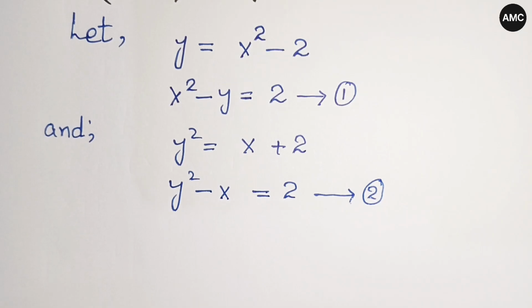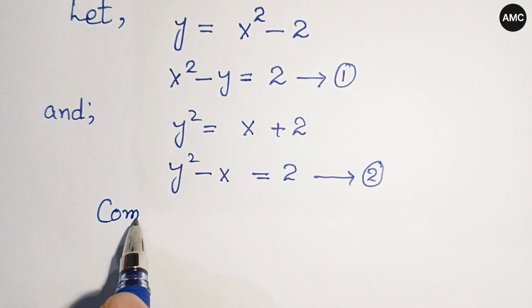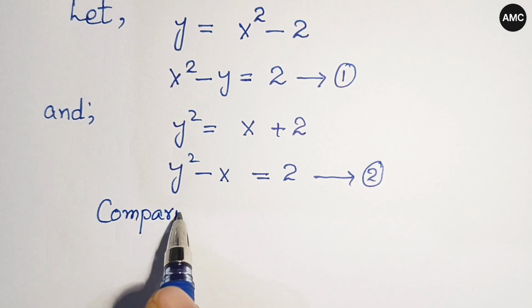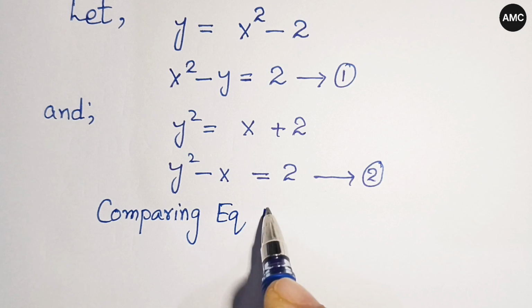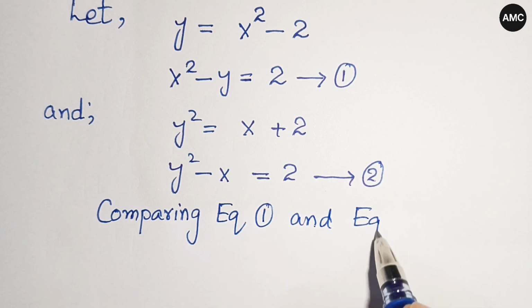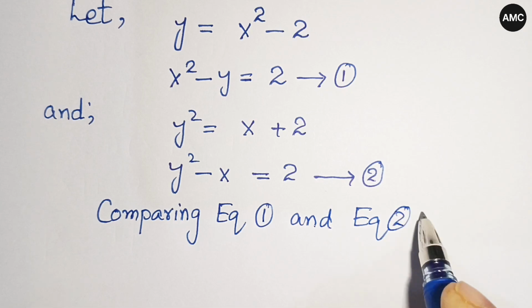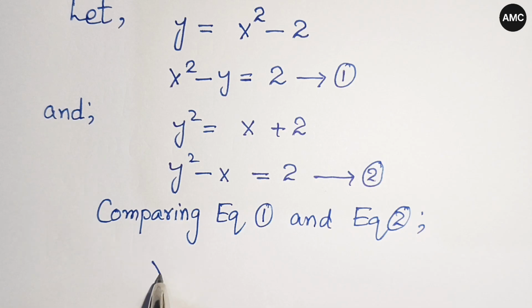Now if we compare equation 1 and equation 2, we see that the right hand side of equation 1 and the right hand side of equation 2 are the same. So these are the same, then we have y squared minus x is equal to x squared minus y.